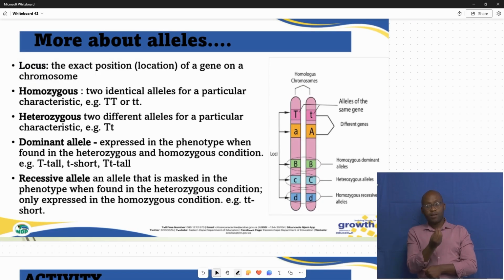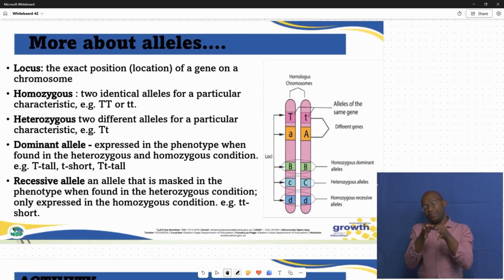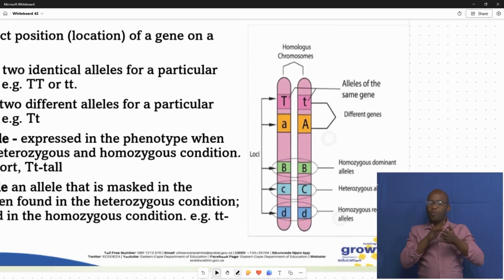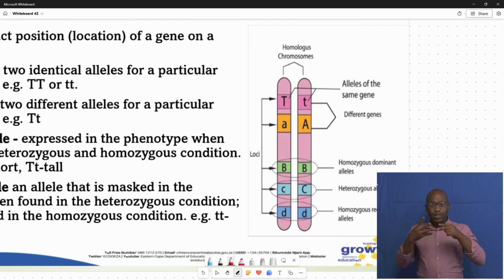On the right here, we have a diagram that shows us more about alleles. The first thing we are going to talk about in defining alleles is the locus. The locus is the exact position or location of a gene on a chromosome. Remember, we said that a single gene will have two alleles, one from each homologous chromosome. How many genes do we have in this diagram?